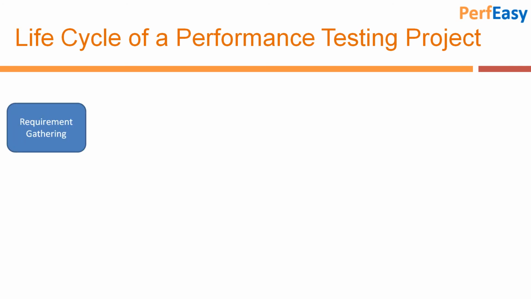The first step is requirement gathering, where we try to understand the application details, the scope of the activity, what are the workflows that are to be tested, what is the technology used by the application, what is the communication protocol. We define the workload model, the user load expectations, the response time expectation, and set up the SLAs. Those things are done in the first step, that is requirement gathering.